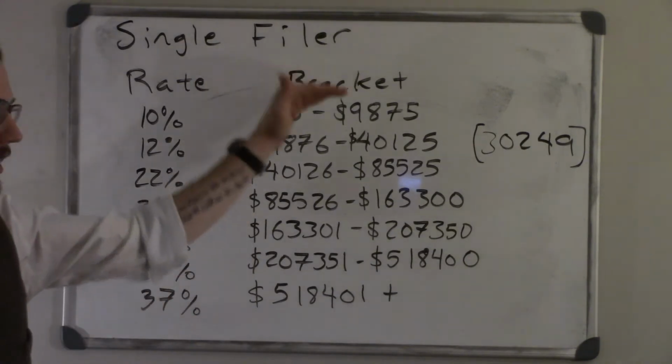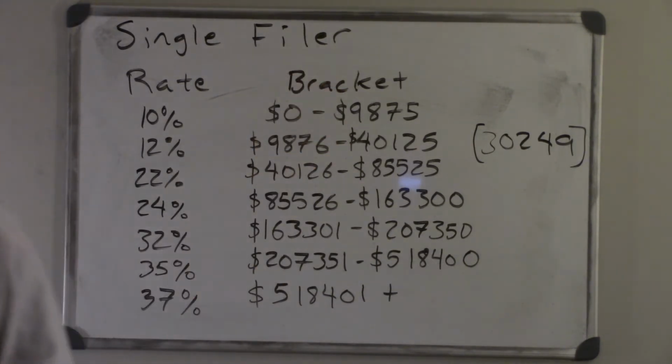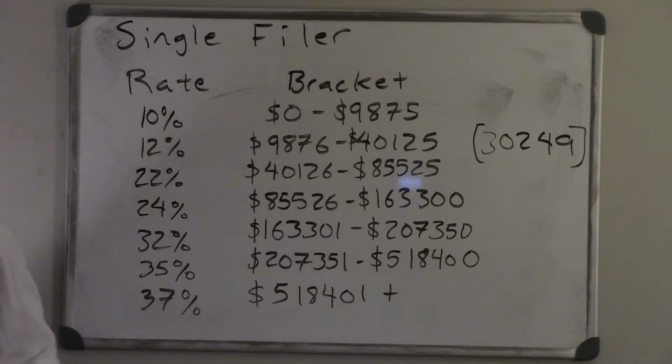The money that falls into each bracket is taxed at that rate. Whichever bracket we fall into is our marginal tax rate. And then to find our average tax rate, we have to figure out the tax payment and divide it by our income.